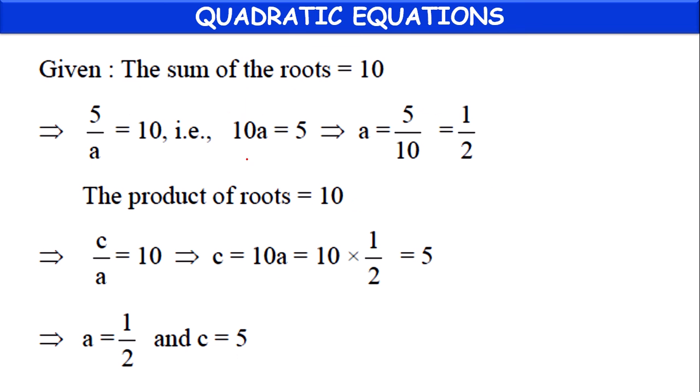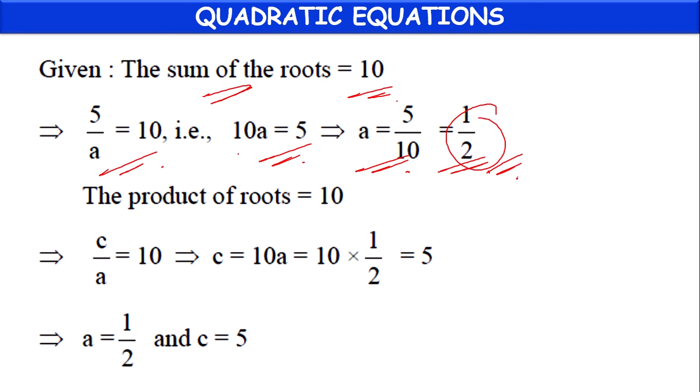But as per the question, the sum of the roots is 10. So 5 by a is 10, so 10a equal to 5, or a equal to 5 by 10, or a equal to 1 by 2. We are getting the value of a. And they have also given that the product of roots is also 10.